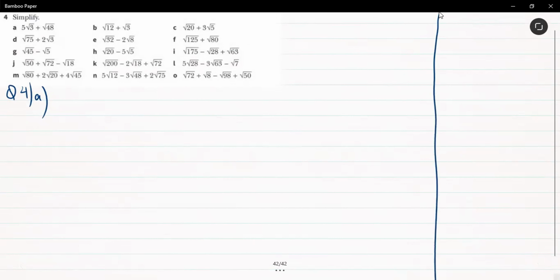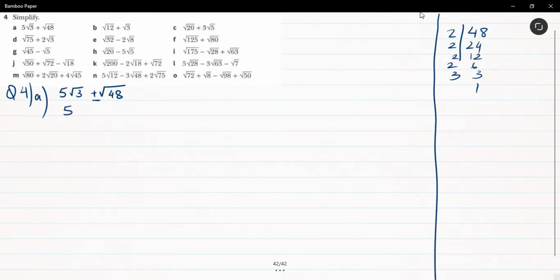Okay, so we have got 5 under root 3 plus under root 48. And another thing to remember is this is an addition, not a multiplication, so we can't just multiply the third by the third. So first of all, try to make this as simple as possible. What is under root 48 equal to? 2 2s are 4, 2 4s are 8, 2 1s are 2, 2 2s are 4, 2 6s are 12, 2 3s are 6, 3 1s are 3.